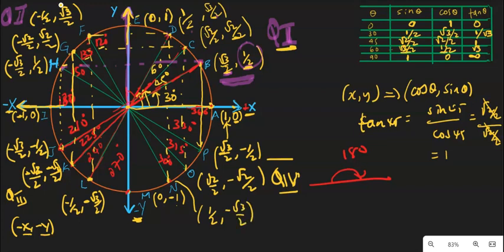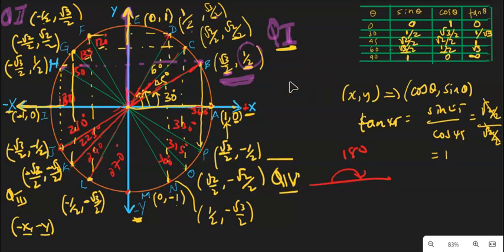So we found all the values for all the most common trigonometric functions. So by using this simple trick, we can find any trigonometric functions across the 4 quadrants.